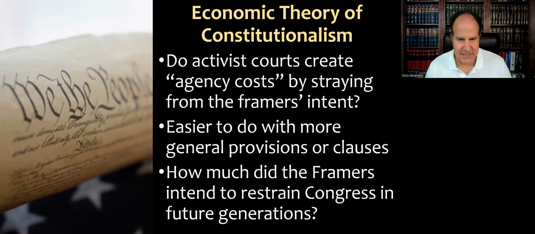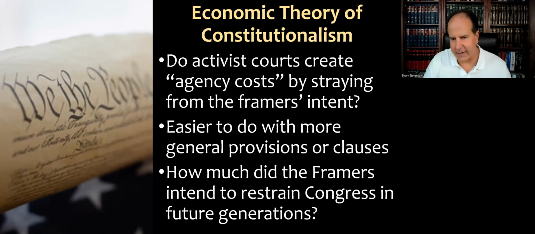And the question is whether this creates agency costs. That's an economic concept where you have a principal and an agent. Essentially, think of it as an employee, or a lawyer, someone you've hired to act on your behalf, who doesn't always do what you want. And so the question is, are activist courts, whether they're liberal courts or conservative activists, straying from the framers' intent? Now, note that it's easier to do this with more general provisions of the Constitution than specific ones.